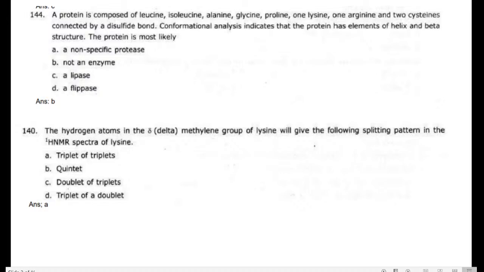Conformational analysis indicated that the protein has elements of helix and beta structure. The protein is most likely not an enzyme. How do they tell this is not an enzyme? The notable thing here is that the conformational analysis indicated the protein has helix and beta structures.